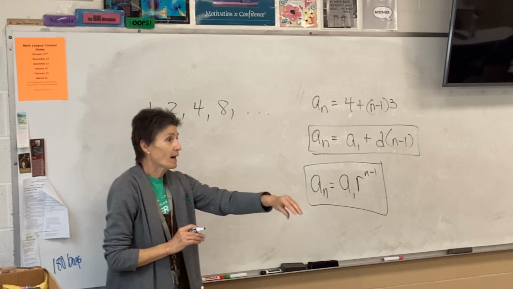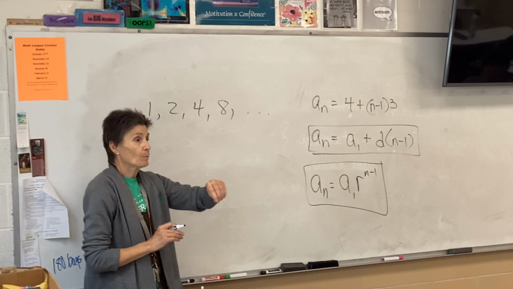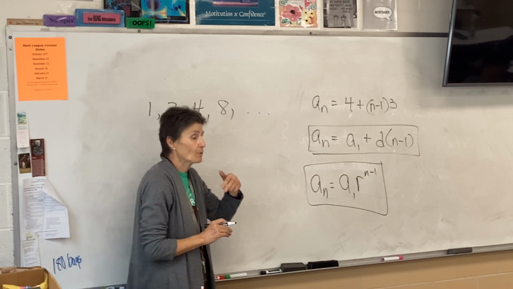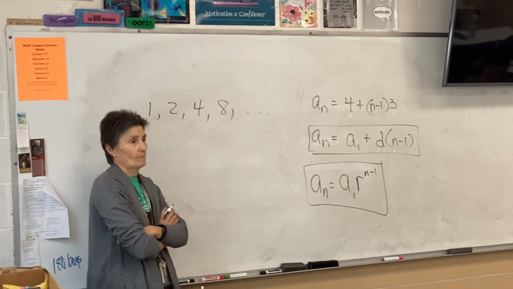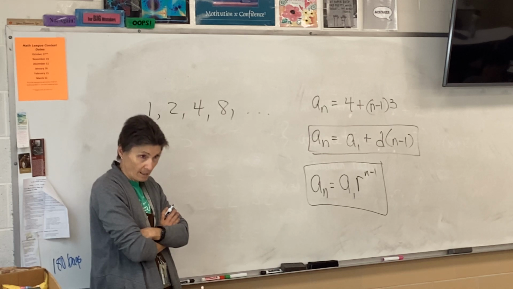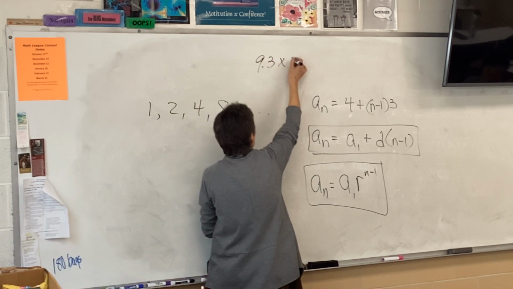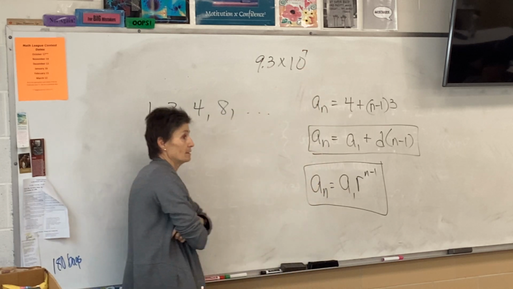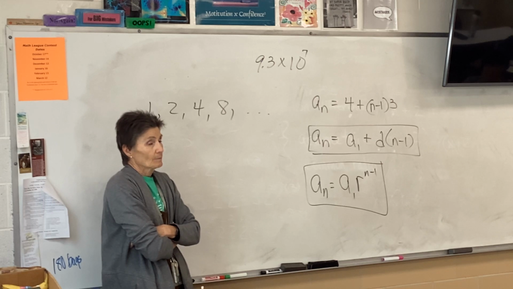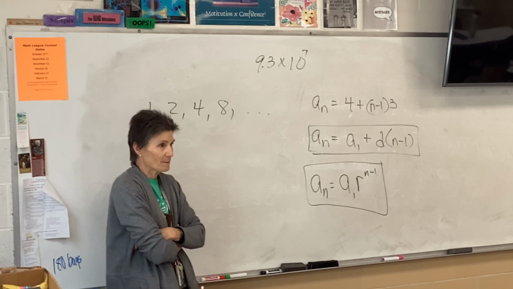By the time you got to the last square on the checkerboard, there would be enough checkers stacked up to reach the nearest star. And she's like, the nearest star is the sun, and the sun is 9.3 times 10 to the 7th, 93 million miles away. Right? She said, no way, how can that possibly be?